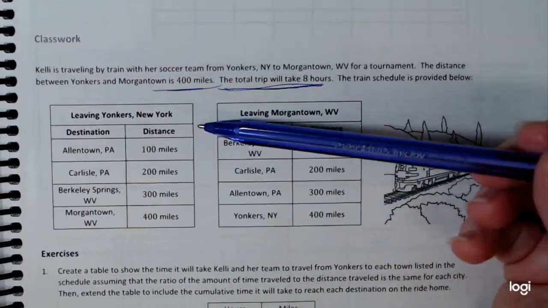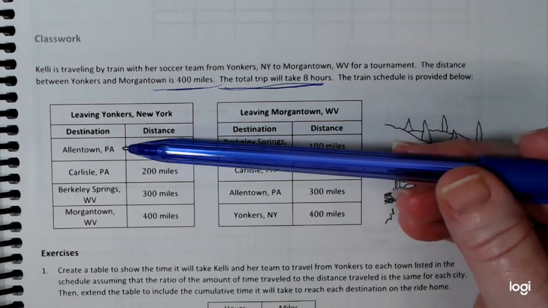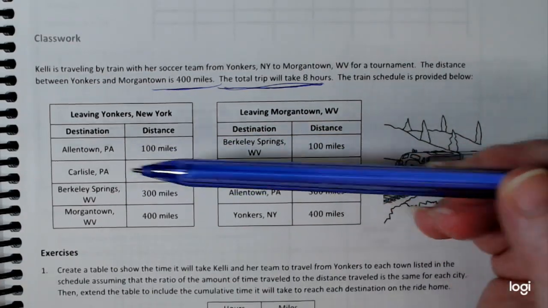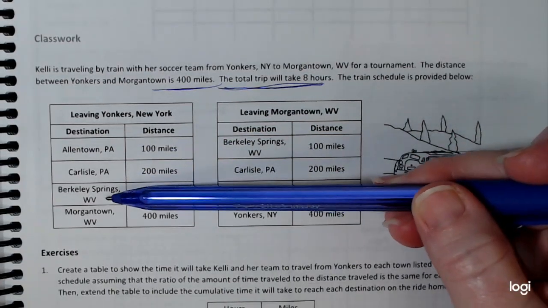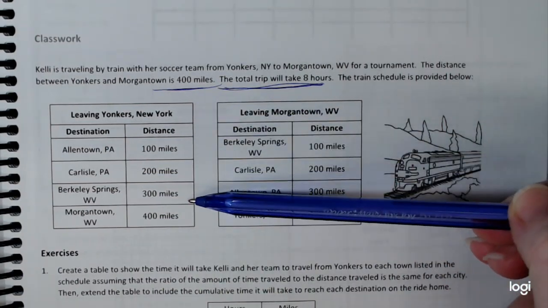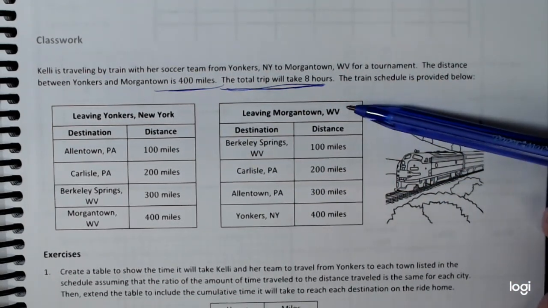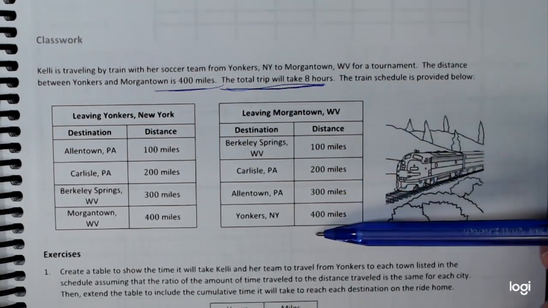We can see once Kelly leaves Yonkers, the distance is 100 miles. We get to Allentown, 200 miles. Carlisle, 300 miles. Berkeley Springs, and then 400 miles Morgantown. So here is the itinerary for leaving Yonkers, and then here is going from Morgantown back home.